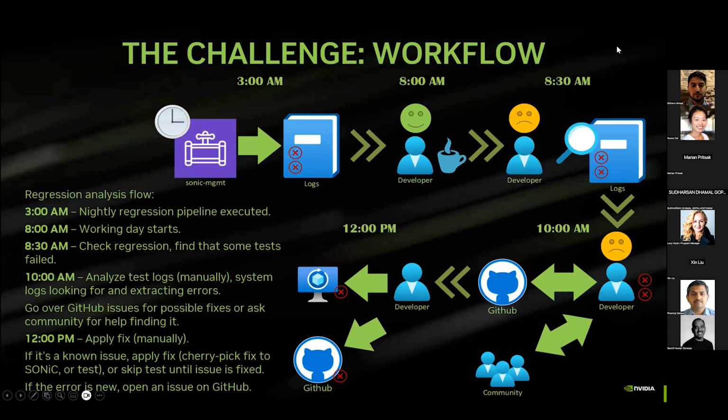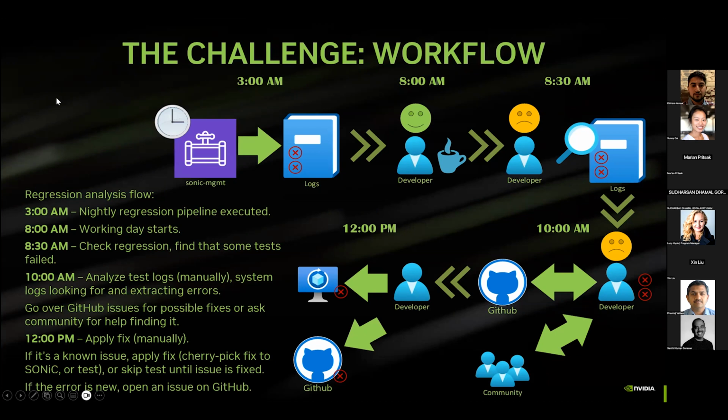On this slide you can see a typical workflow of a developer who has to deal with the nightly regression tests. Usually it automatically starts at night. Then when the working day starts, a developer has to check the regression status, find that some tests failed, and go through the logs.